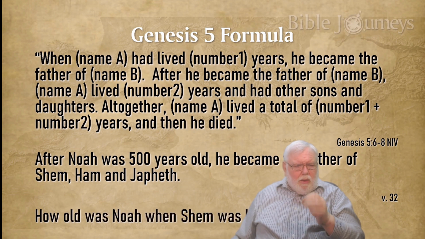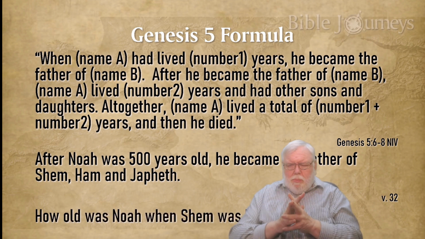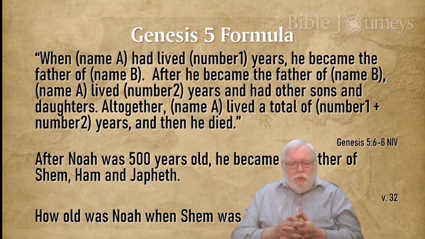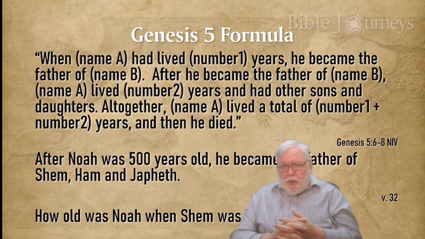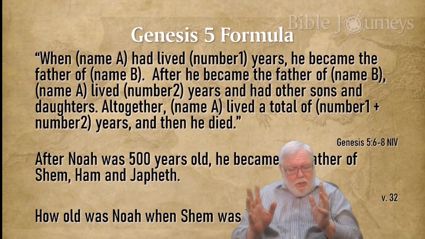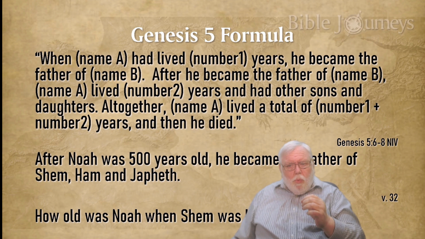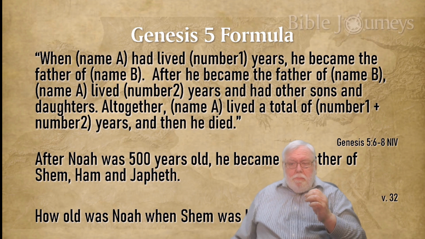And the question is, how old was Noah when Shem was born? Was 500 years when he had all 3 of them? Well, they weren't triplets. We know that. We also know that Shem was not the one who was born when Noah was 500 years old. But the strange thing is how we know that.